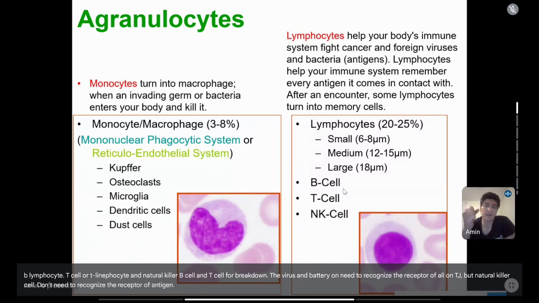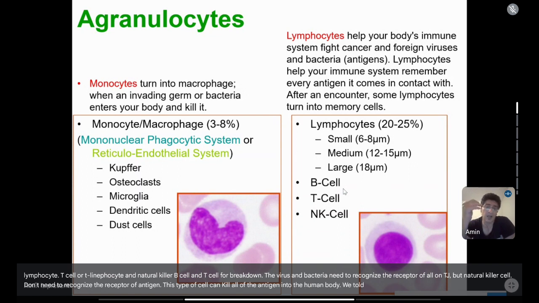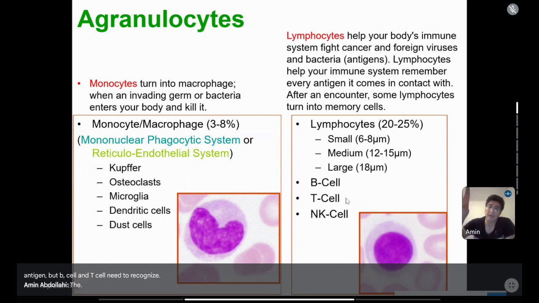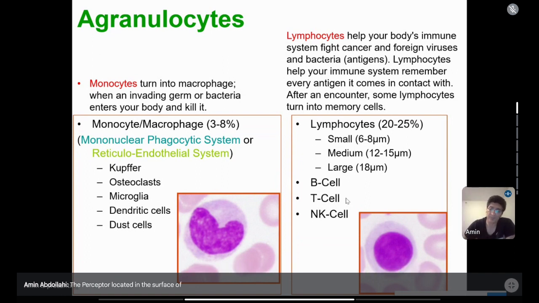This type of cell can kill all of the antigen in the human body without recognizing the receptor located on the surface of antigen. But B cell and T cell need to recognize the receptor located on the surface of antigen as a biomarker.